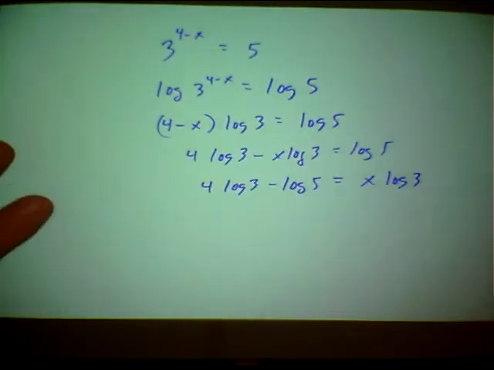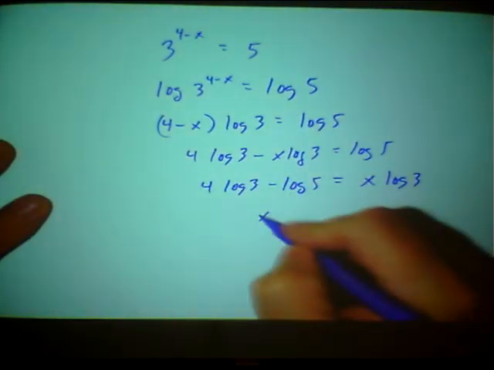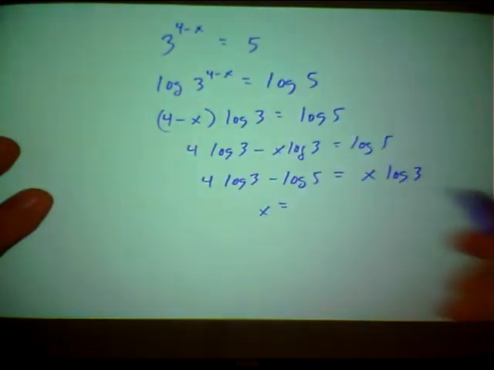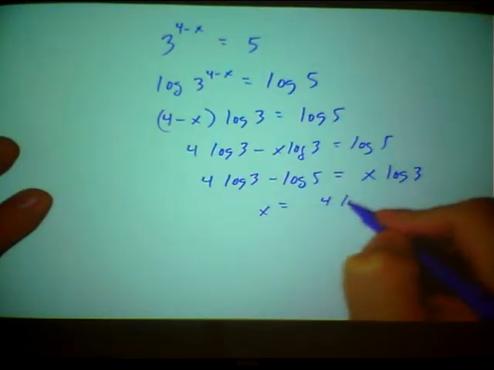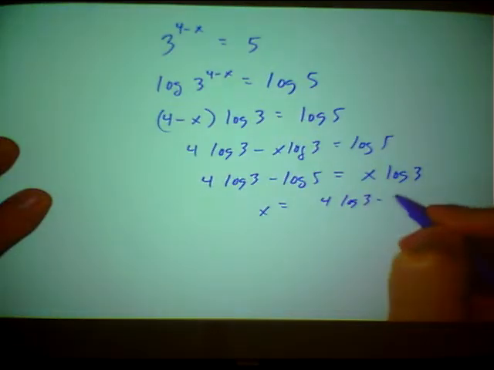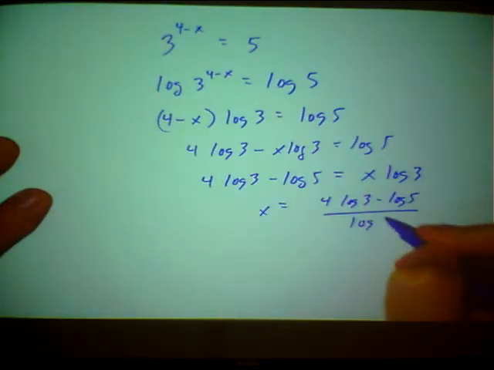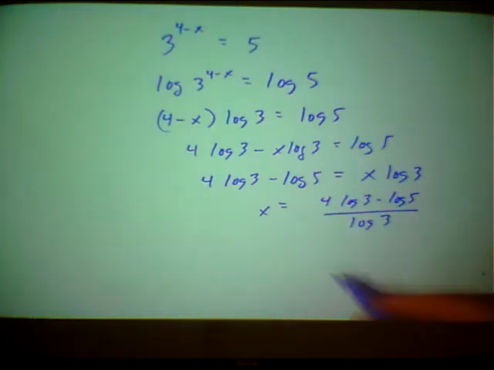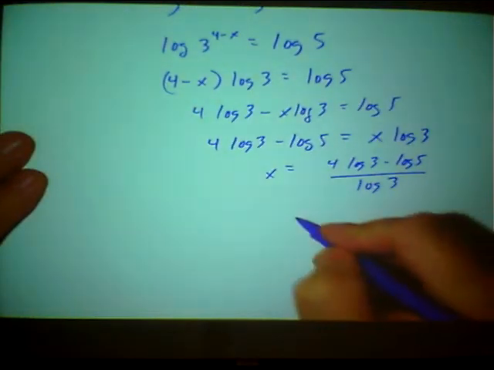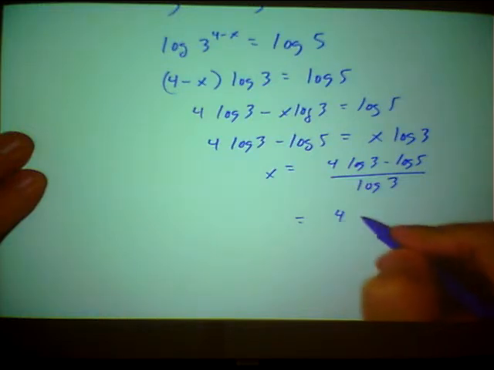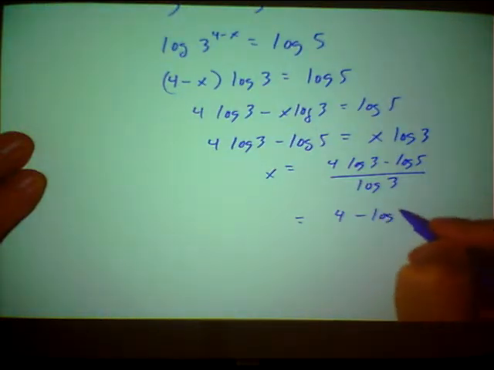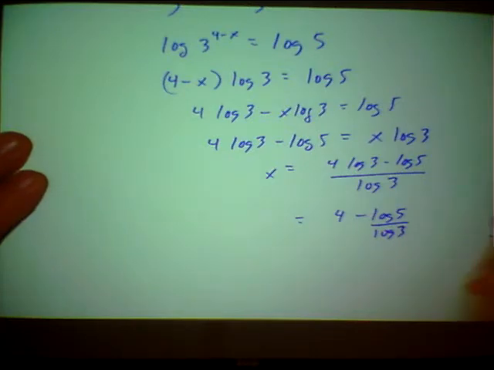And now, if I want to solve for x, I can divide both sides by log 3. 4 log 3 minus log 5 over log 3. I can actually simplify this to 4 minus log 5 over log 3.